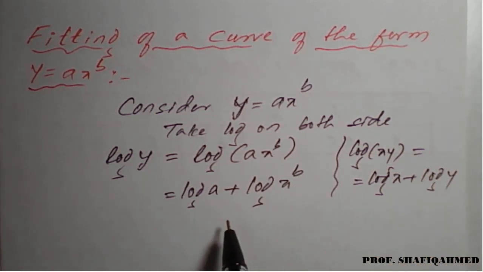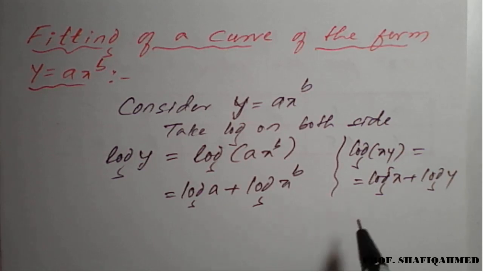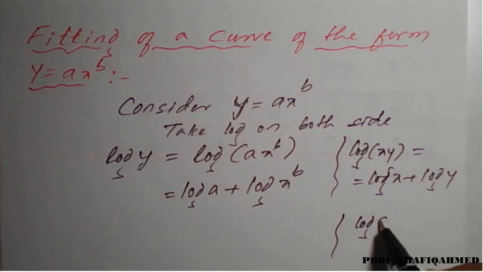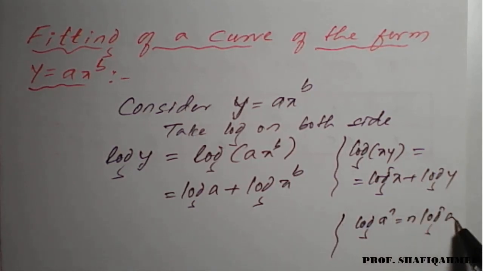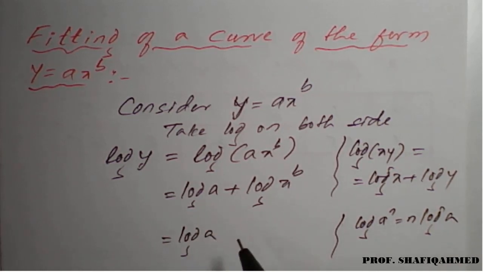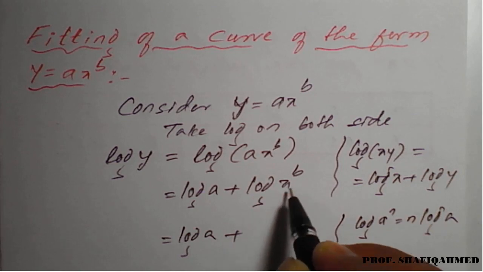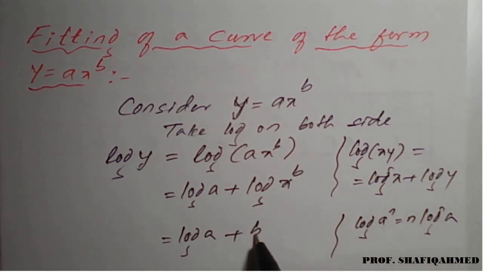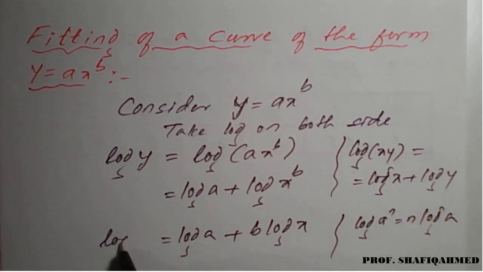Then on simplifying, we have one more property, log of a raised to n can be written as n log of a. Similarly, log of x raised to b can be written as b log of x. So on the left hand side we have log of y as it is.